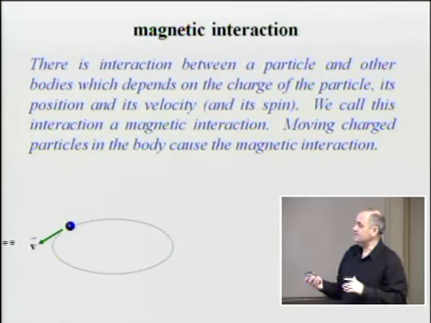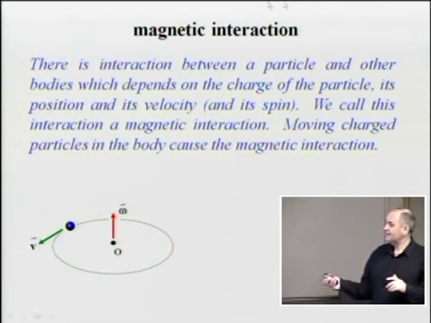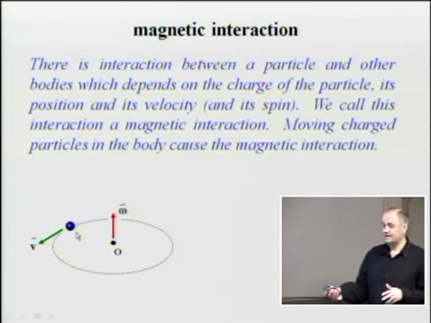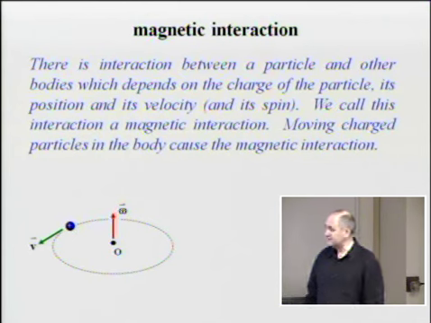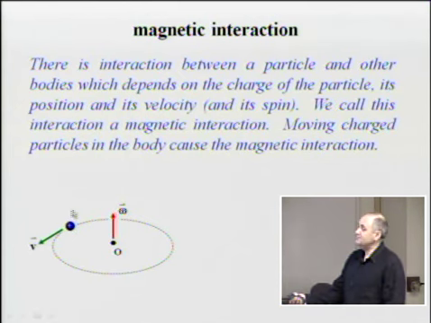So let's say that we have a certain particle which travels and enters a region in which magnetic interaction exists. Then this particle will start to move in a circle.